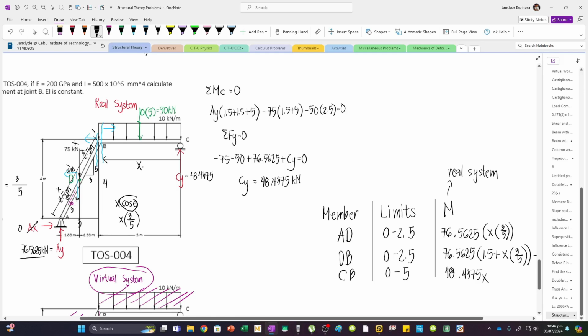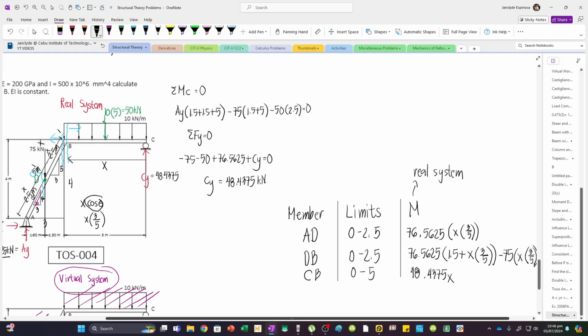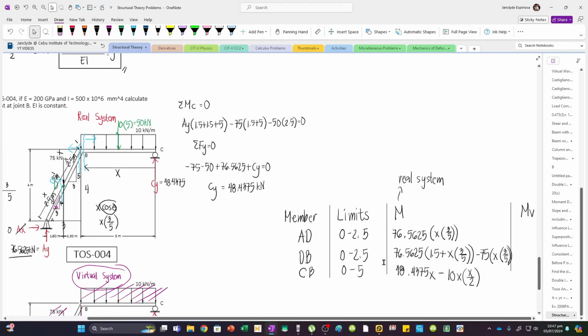So we have X, and this will cause a clockwise rotation about the cut. So we're going to use minus, because again, the convention will change, and then the resultant expressed in terms of X is 10X. And its moment arm is X divided by 2. So, this is now our moment equation for the real system. Now, how about for the virtual system?